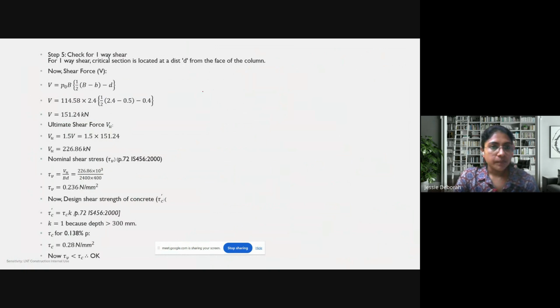So for one way shear, the critical section is located at a distance d from the face of the column. Now, shear force. There is a formula in your code book.